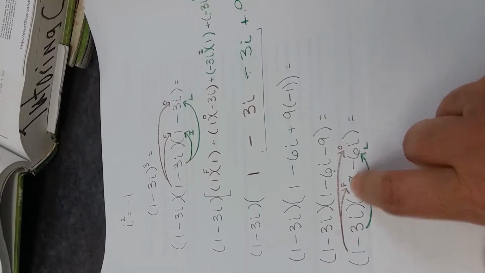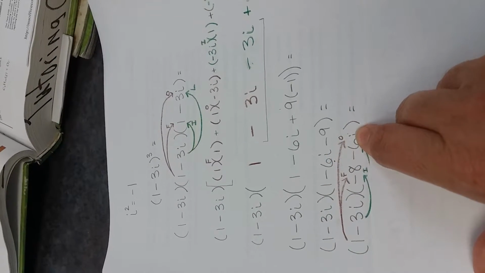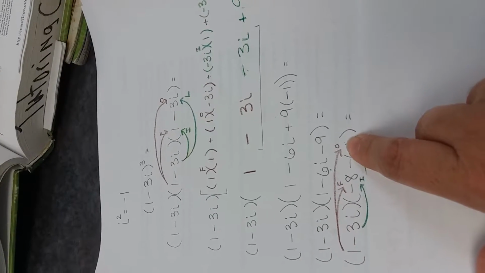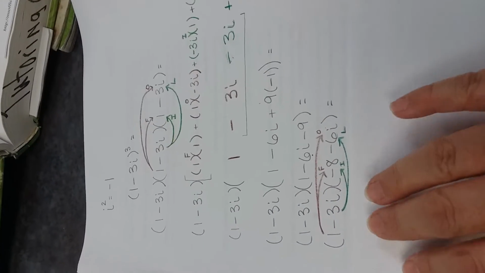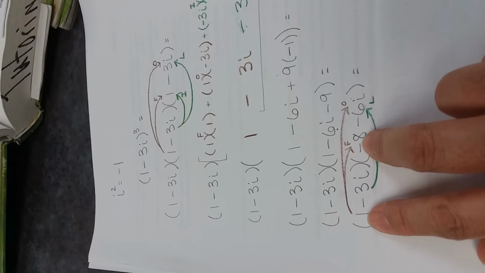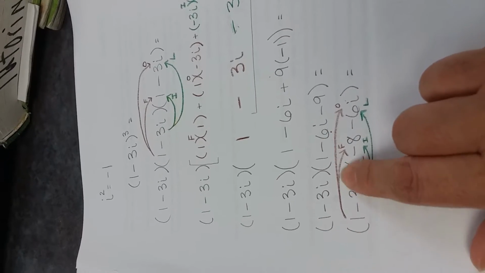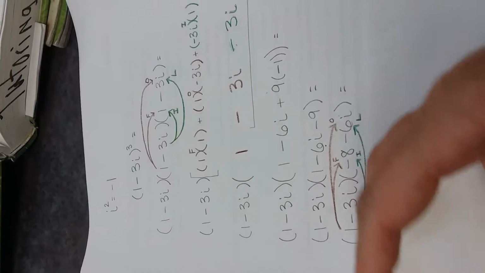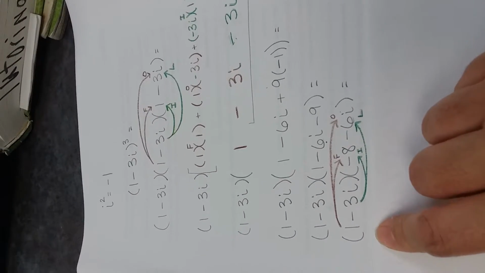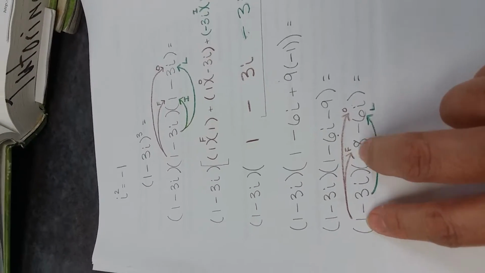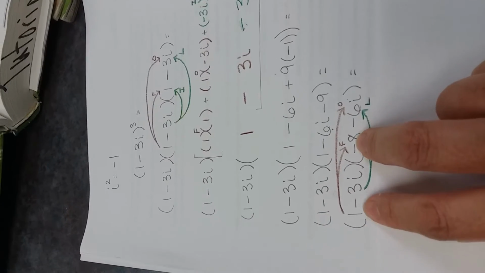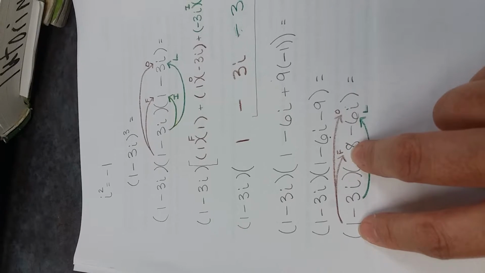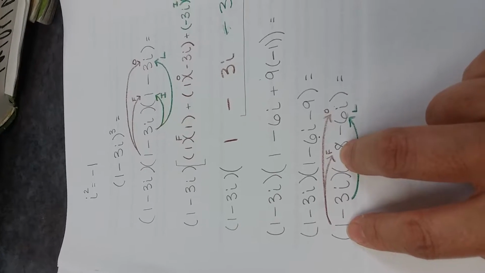So F is first, O is outer, I is inner, and L is last. You know what? Maybe I should say this. First means I kind of pretend these are two cars, and they're both facing the same direction. These two are the first part of the cars, like the hood.